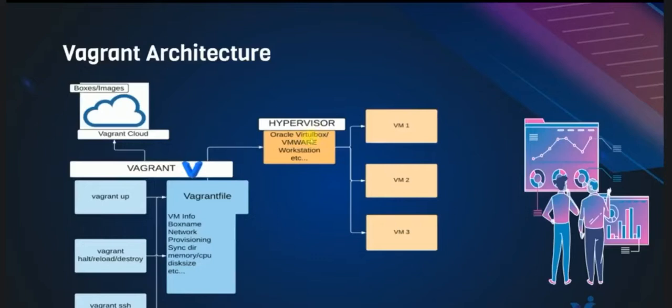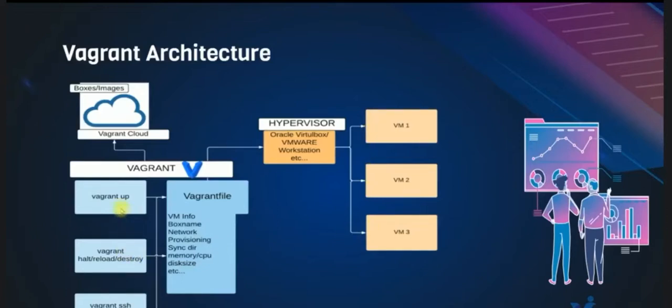And that's the default hypervisor. If you want to use VMware Workstation and others, you can use that as well. But the default hypervisor is Oracle VirtualBox. So it will contact Oracle VirtualBox and give the information for creating the VM, and then the VM will get created. You can create one or many VMs by using Vagrant.